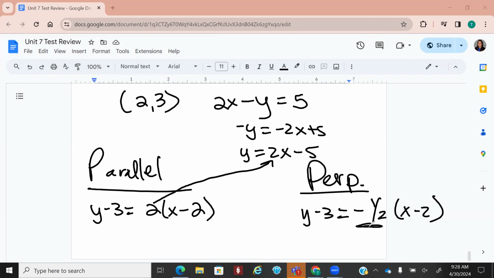Okay, if the slope is already negative and you're writing the perpendicular line, then that's going to be a positive slope. Does that make sense? The opposite sign of whatever the slope is. Yes? So you take 2, which is 2/1, you flip it, and you switch the sign.